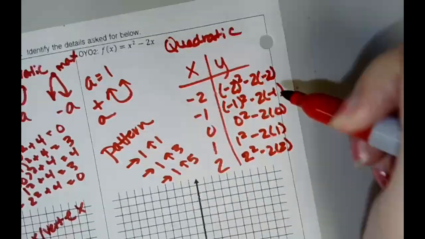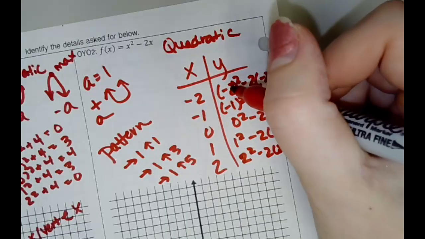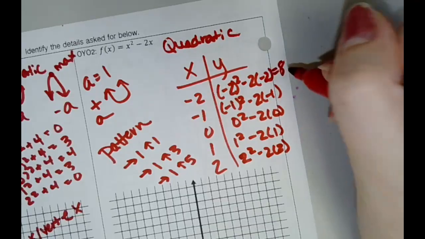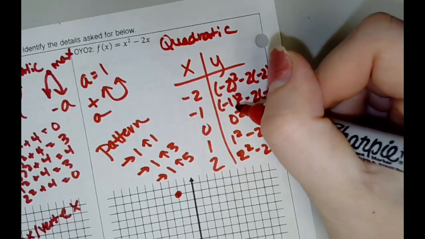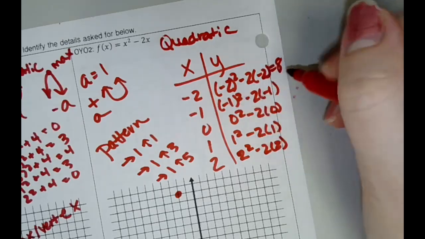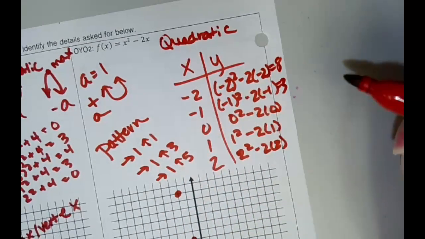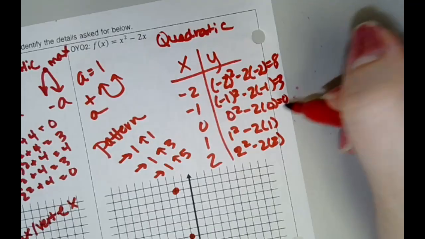Okay, so -2 being squared is actually a positive 4. So I have 4 plus 4 when you multiply. That gives me 8. So -2, 8 is my first point. -1 squared is 1, and then when you multiply here, you get a positive 2. So 1 plus 2 is 3. So -1, 3 is right here. 0 squared is 0, minus, that would become 0.